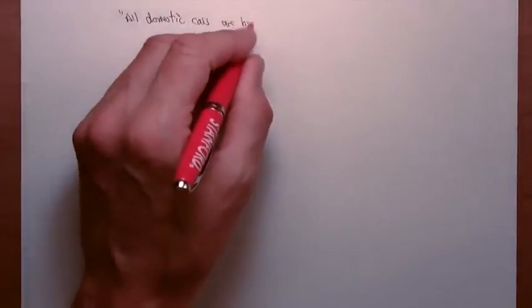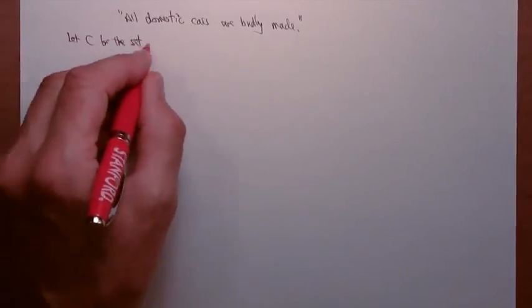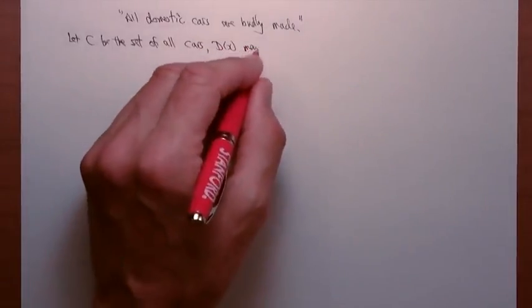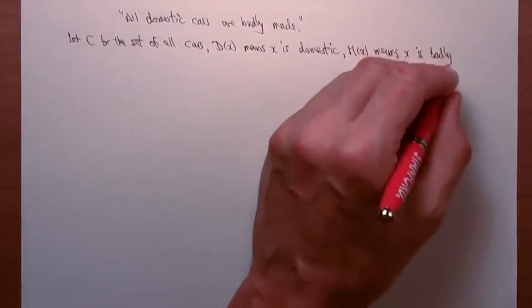With that one under our belt, now we can go back and look at that earlier example of the negation of all domestic cars are badly made. Let C be the set of all cars, D of x means that x is domestic, and M of x means that x is badly made.